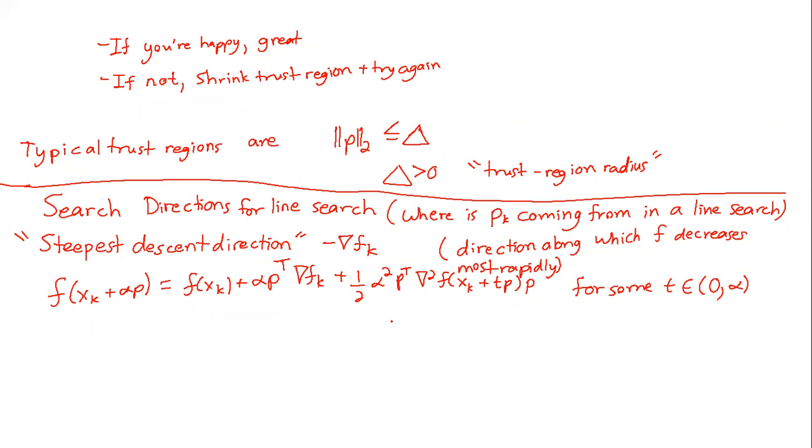You can verify if you want to that this works out, because here we have f at this original point and del f at that original point, and then f of xk plus tp, where t here is between 0 and alpha. That's like saying it's t alpha p, where t is between 0 and 1, because it's moving the alpha into the t.